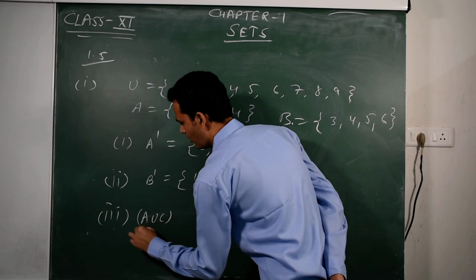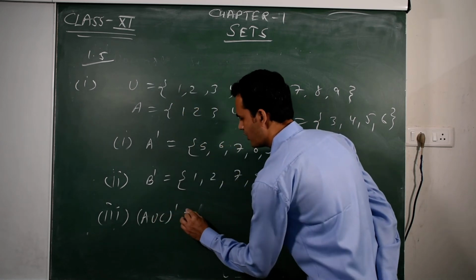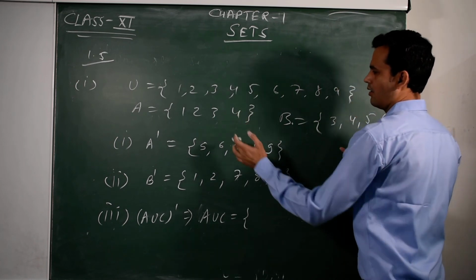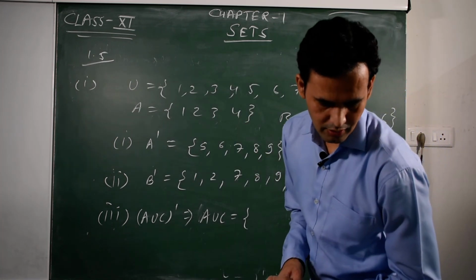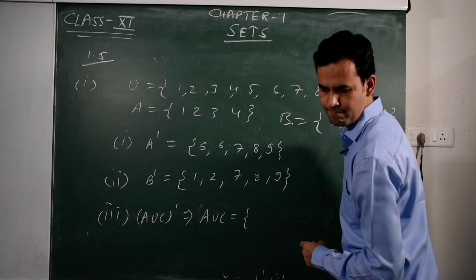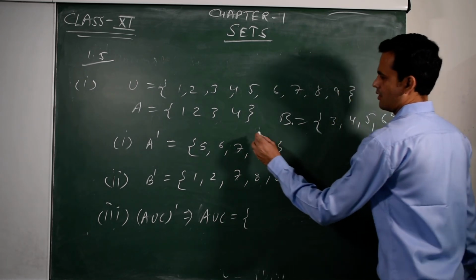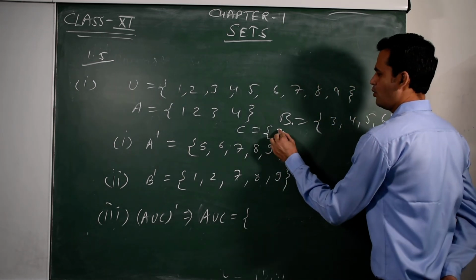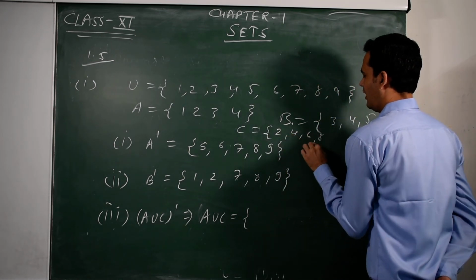A union C complement. So first we find A union C. A union C means all elements of A and there is one more set, that is C, which is having elements 2, 4, 6 and 8.